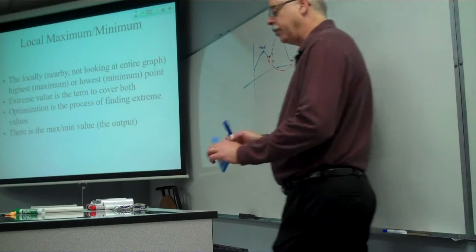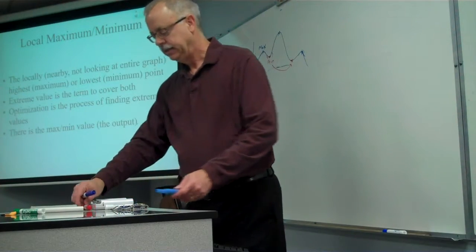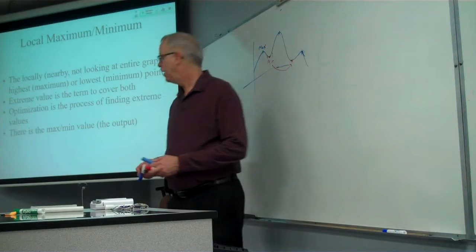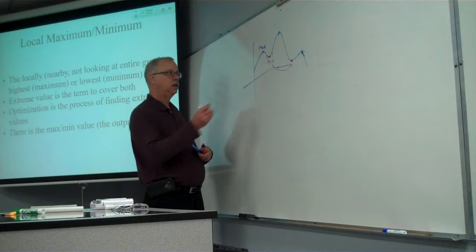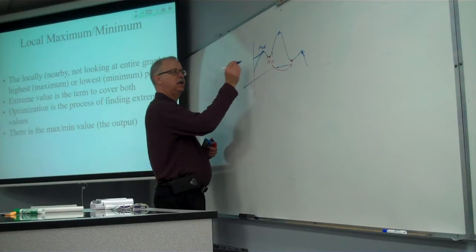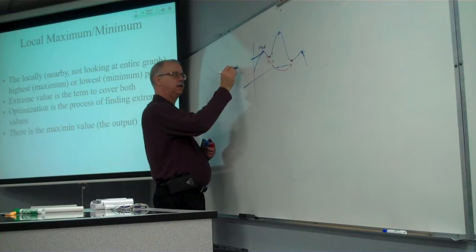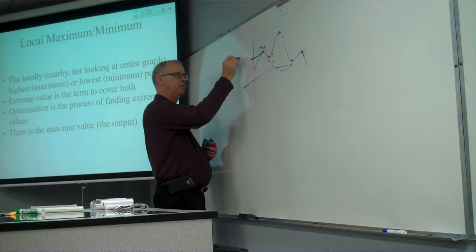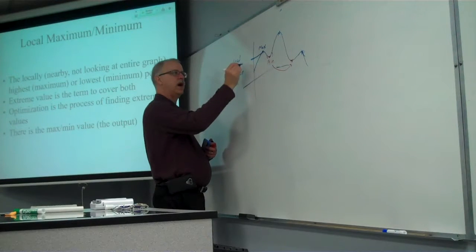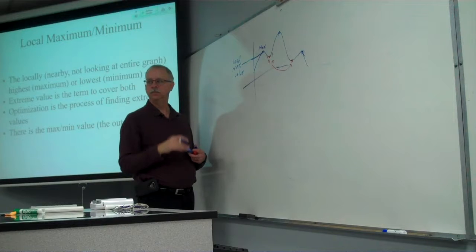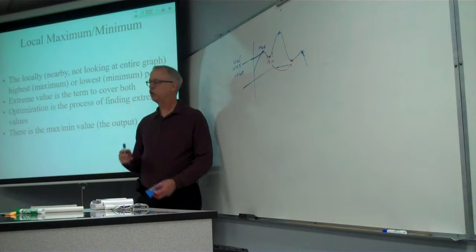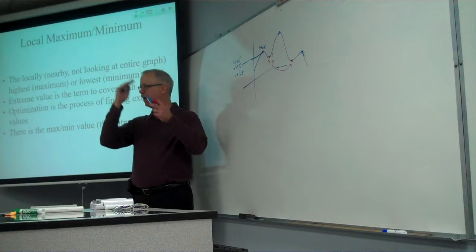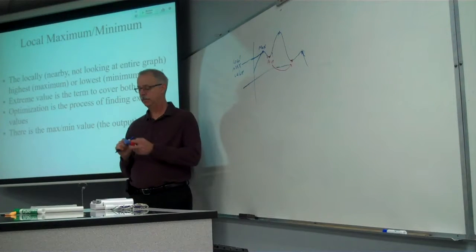Now, as we do this, a couple of things we've got to keep straight. We have the min and the max value, which is the output. So if we follow this across, this value here is the local maximum value. It's the output we get. In terms of a business, that's really what we're most interested in. When do we hit the max? I mean, what is the maximum profit?